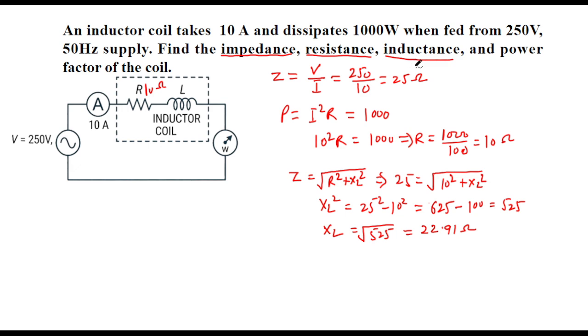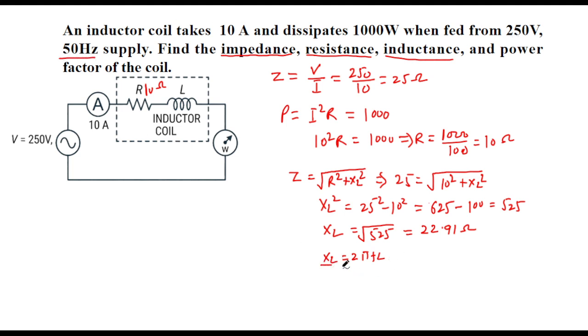To find the inductance, XL can be given as 2 pi F L, where F is the frequency, given here as 50 hertz.